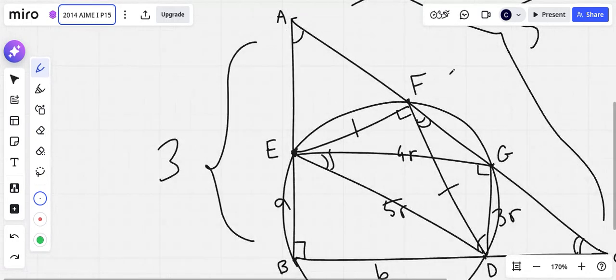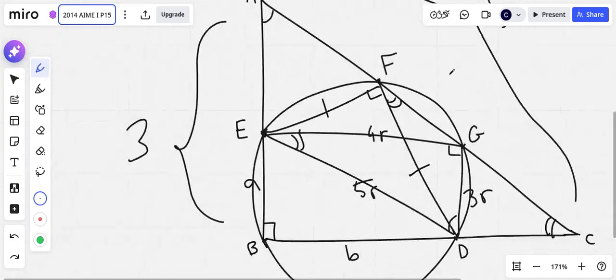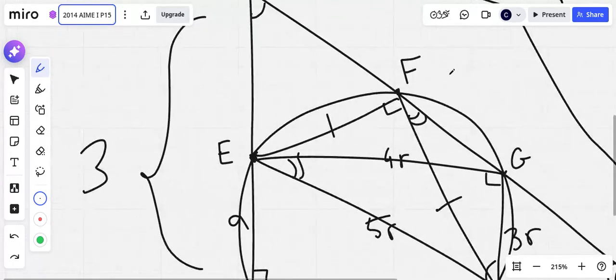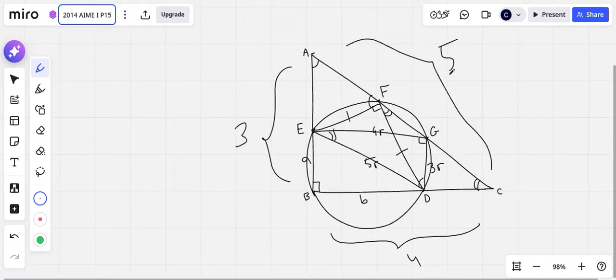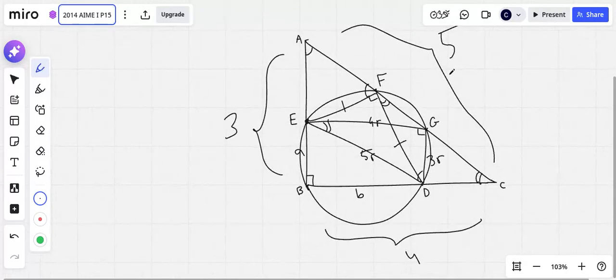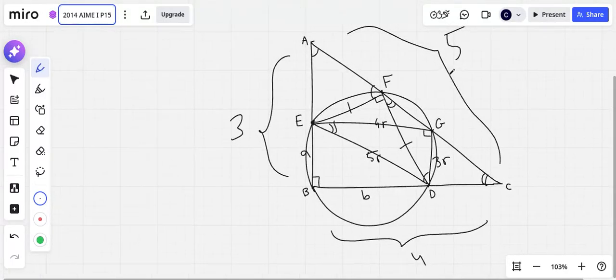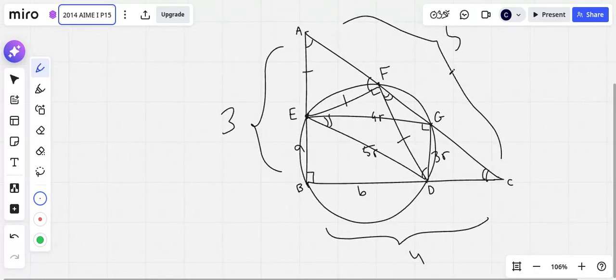But because this is 90 here, and we have the double arc here, this angle must be the complement of the double arc angle, which means this is just a single arc. Now looking at this, we see that AEF is isosceles, which means that AE equals EF, and FDC is also isosceles, which means DC equals FD.